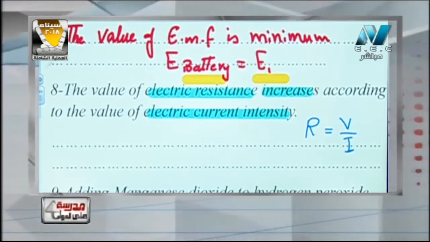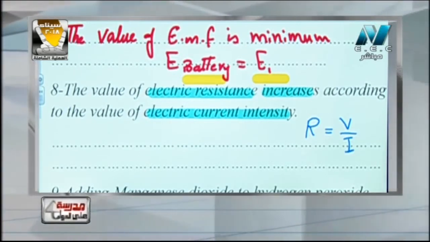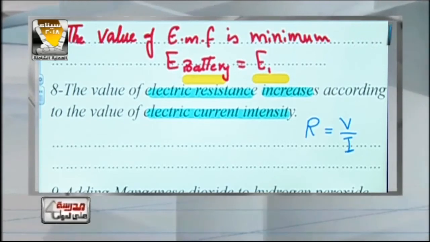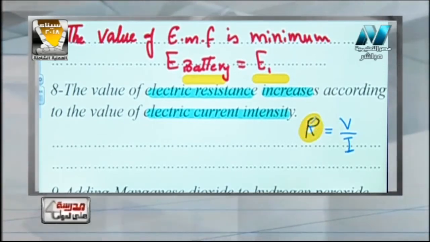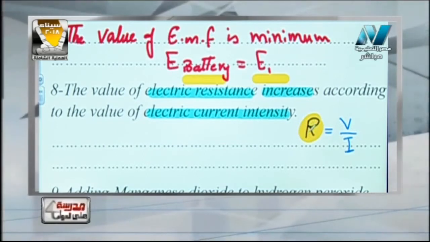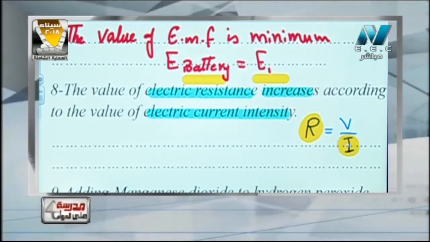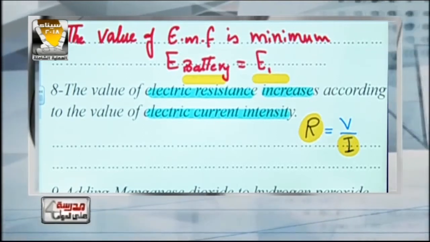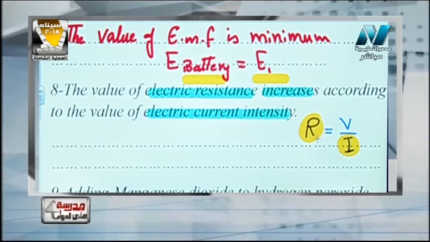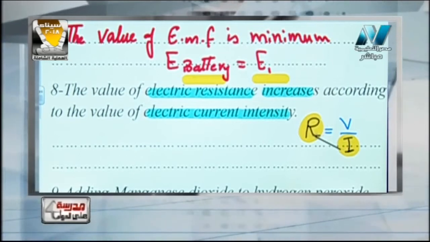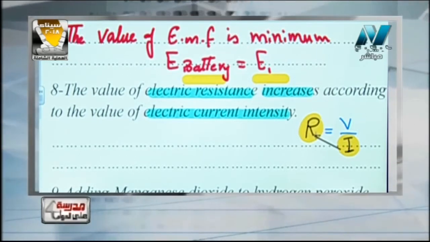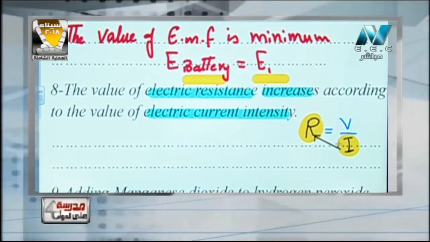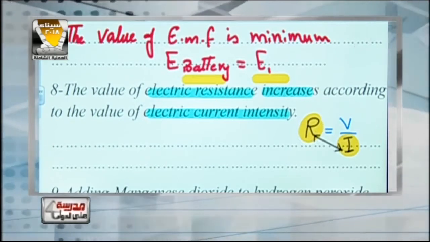So the relation between the electric resistance and the electric current intensity is inversely proportional, because if the electric resistance increases, the electric current intensity decreases.